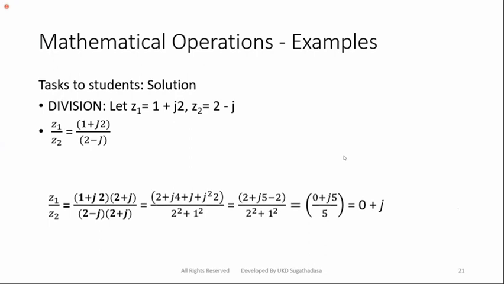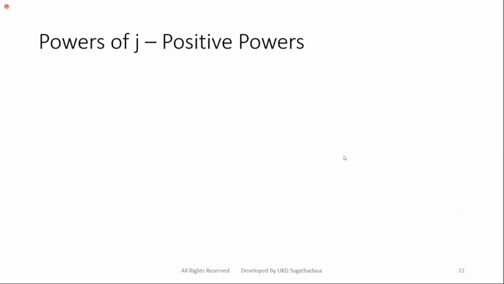I think now we have come to the conclusion of the first part. Now we go for something very interesting in engineering, the powers of j. Let us start: j equals square root of minus 1.